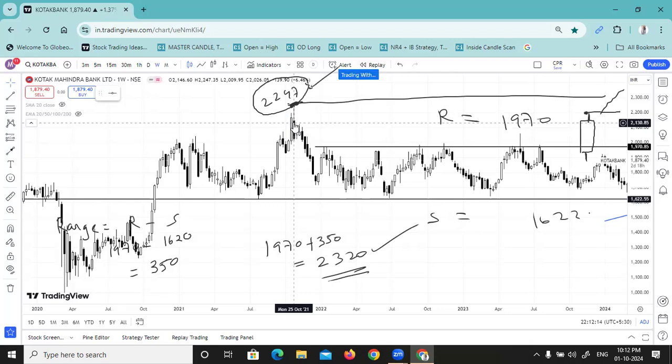Once 2247 is crossed, then 2320 you can expect as the target. So is this point clear, Monisha ma'am, now?